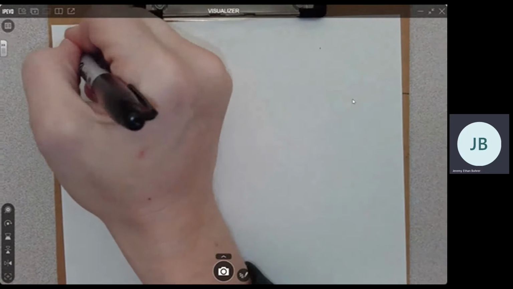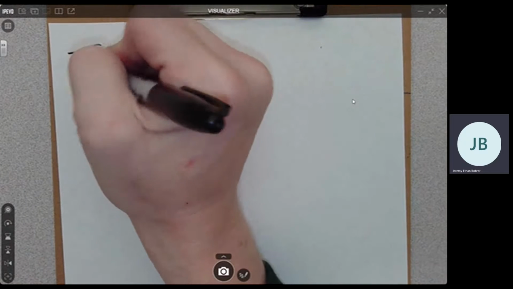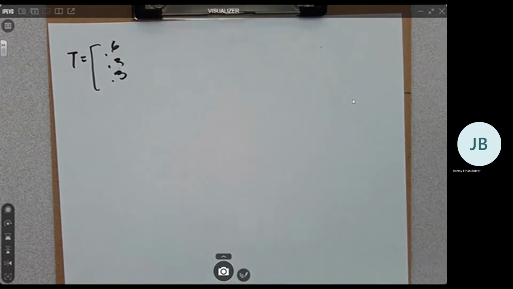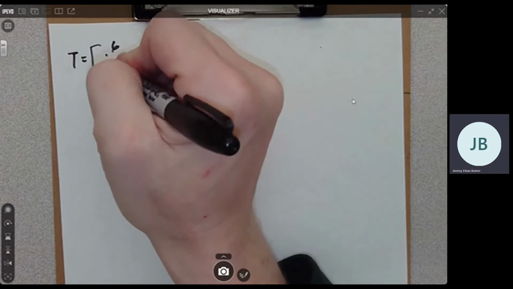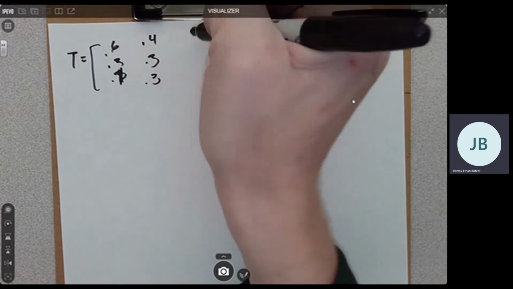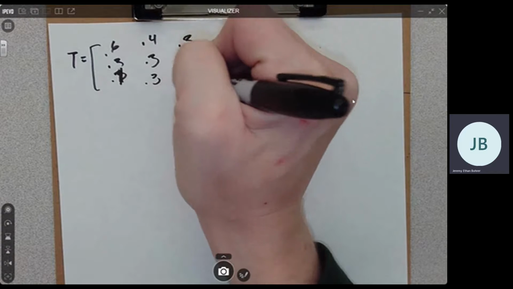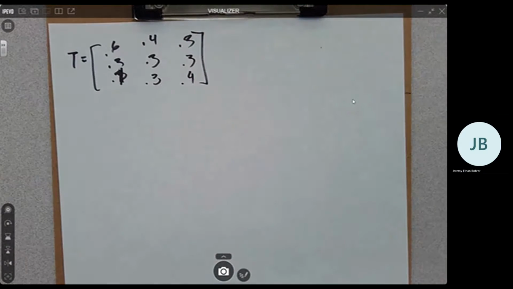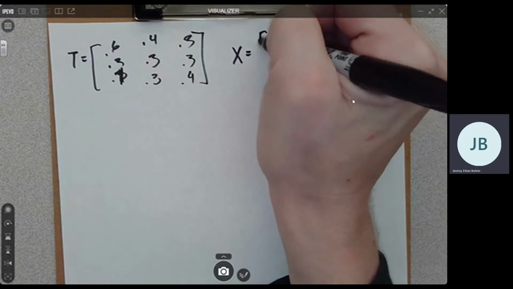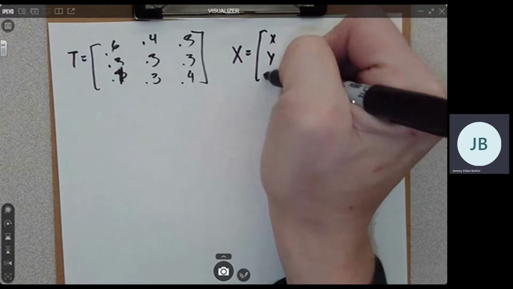Our T matrix is 0.6, 0.3, 0.1, 0.4, 0.3, 0.3, 0.3, 0.3, 0.4. And we let x equal the vector x, y, z.